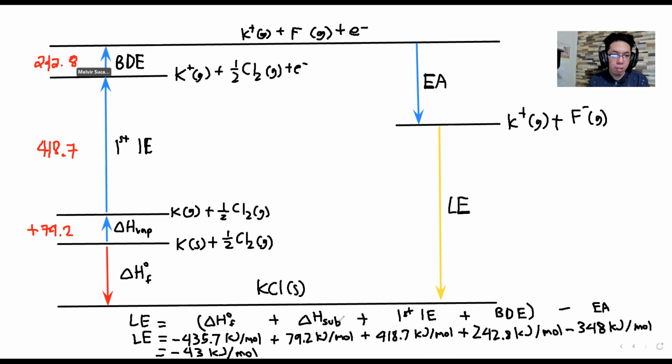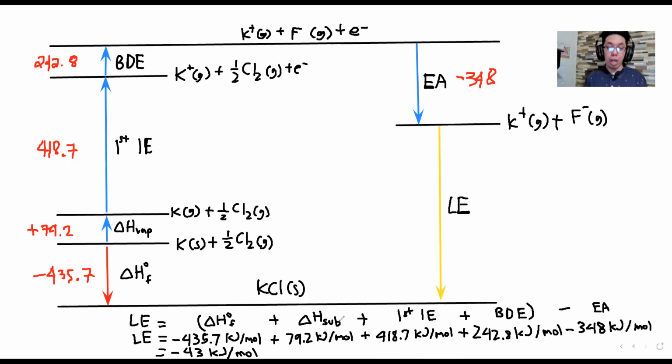Okay, 242.8. And then EA is negative 348. Then delta H of formation is negative 435.7.